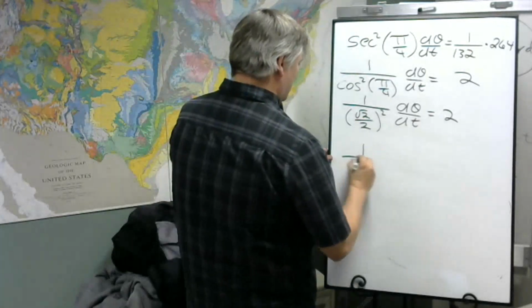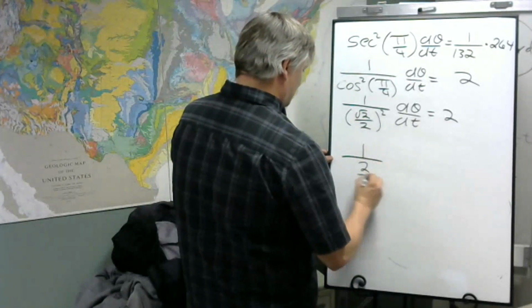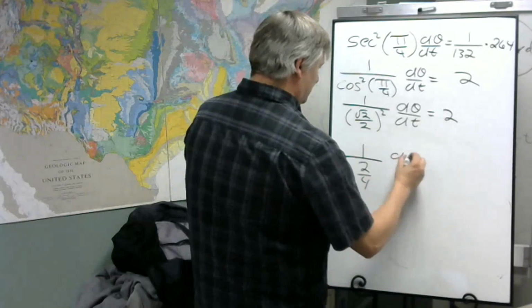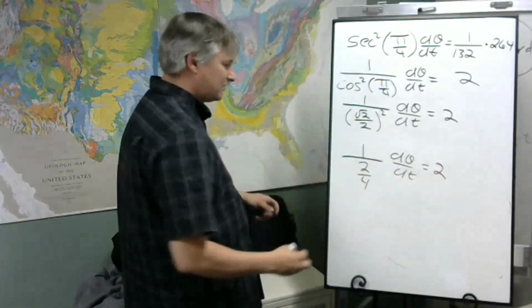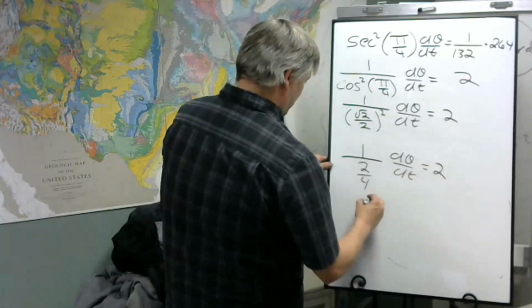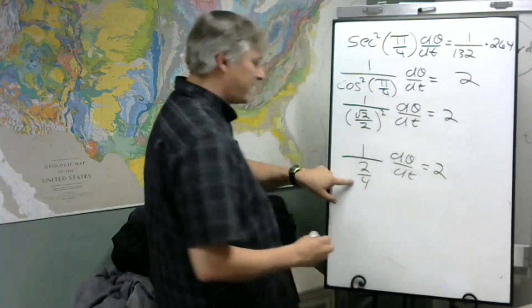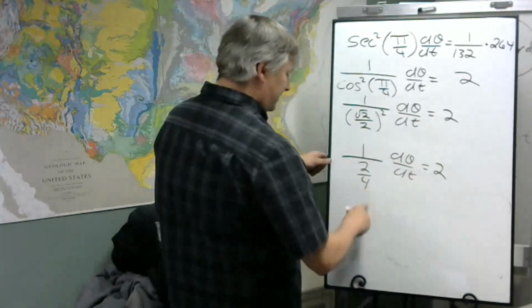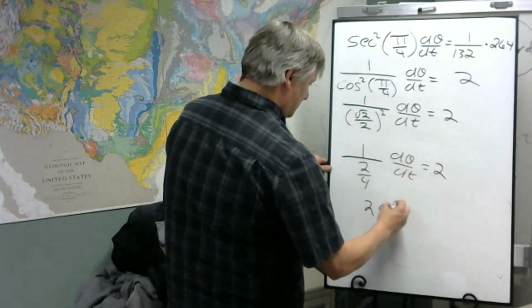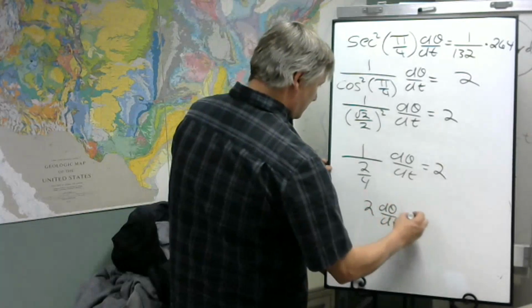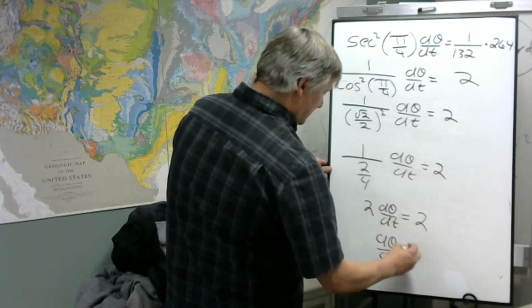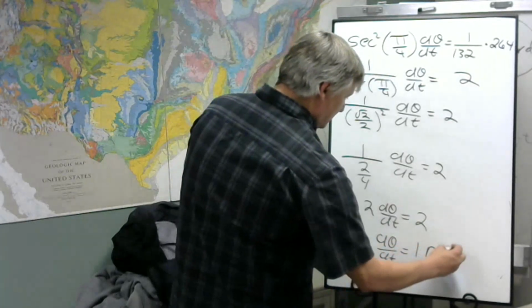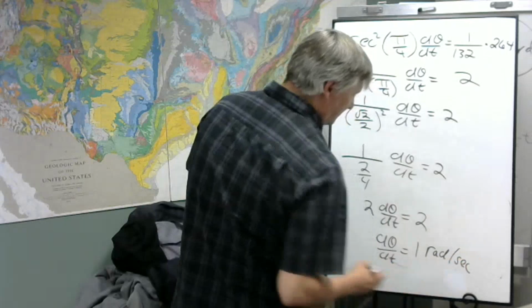Or 1 over 2 over 4, which is 1 over 1/2, and 1 divided by 1/2 is 2. And then we get d theta/dt is 1 radian per second.